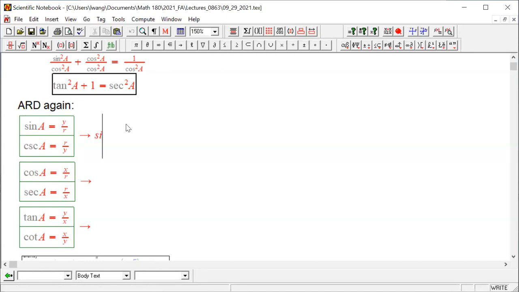Reciprocal means sine of A is 1 over cosecant of A, right? And what is more, cosecant of A equals 1 over sine of A. And if you multiply sine of A with the cosecant of A, you get 1.